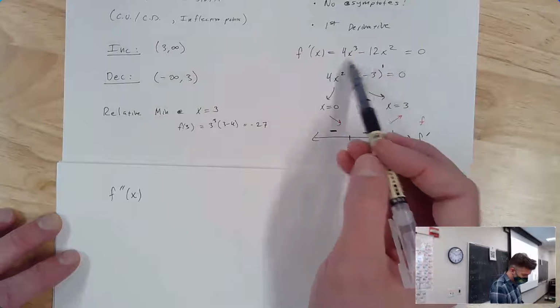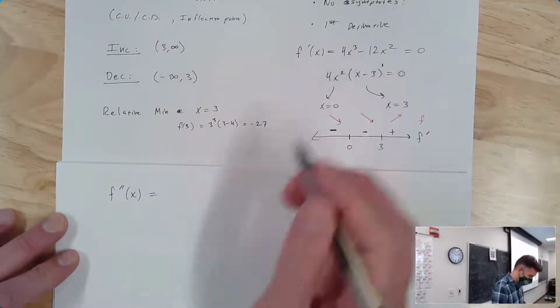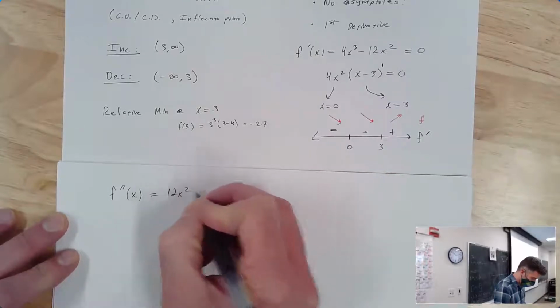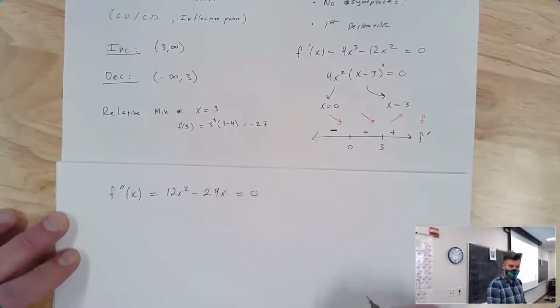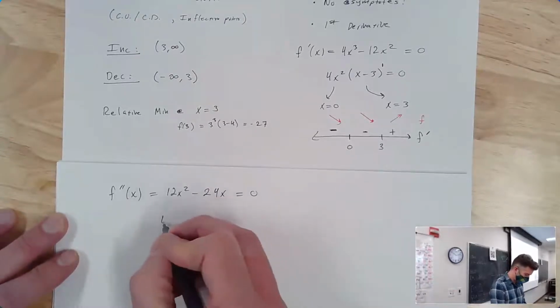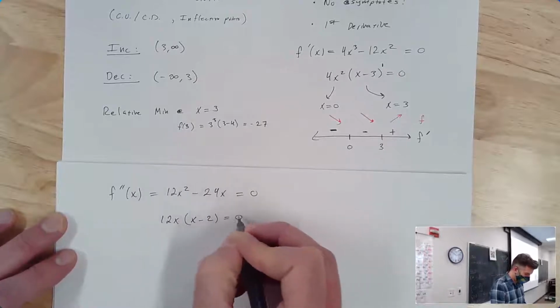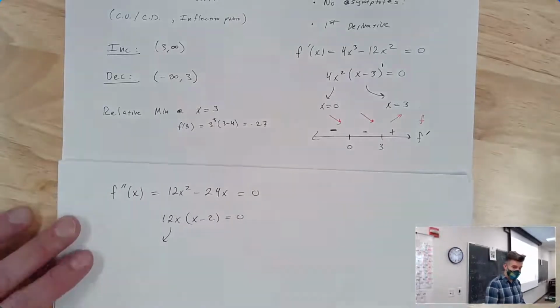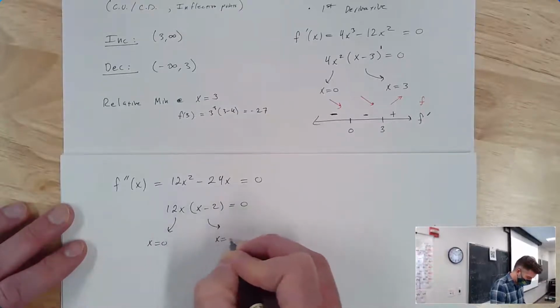So I'm taking the derivative of this and get 12x squared minus 24x. And then I'm going to set that equal to 0. I'm going to factor, and then we get 12x times x minus 2 equal to 0. So my critical values for the second derivative are x equal to 0, x equal to 2.